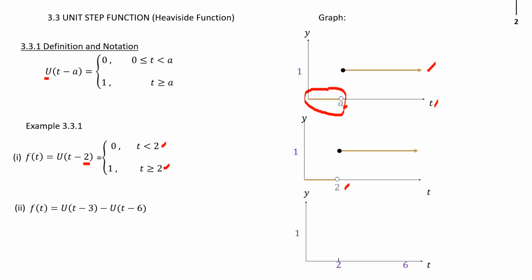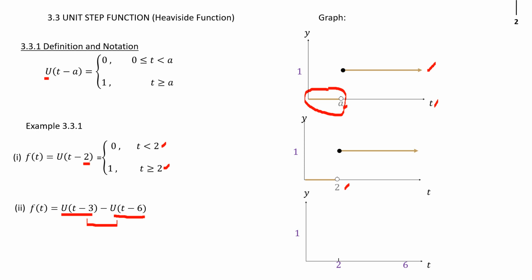The second example is u of t minus 3 minus u of t minus 6. Here we can see the first one, and this is the third one, and the second one is in the middle.